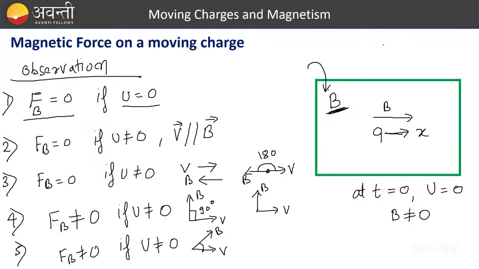So if you look carefully, the magnetic force acts when the charge is having velocity. But that is not enough: the charge must not have velocity in the direction of the magnetic field or opposite to it. That is, the angle between velocity and magnetic field is not 0 degrees or 180 degrees.